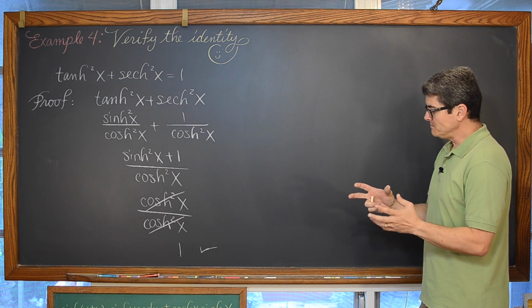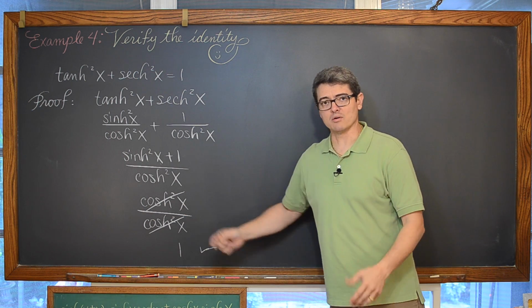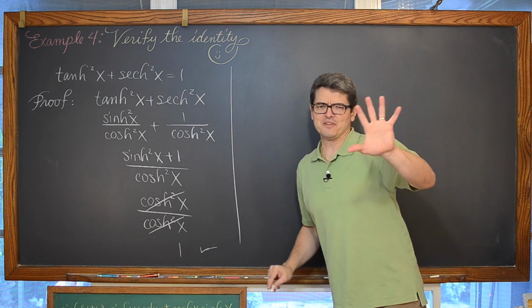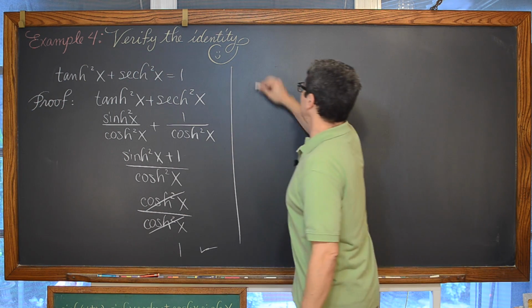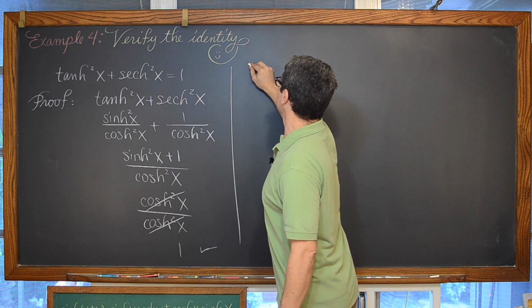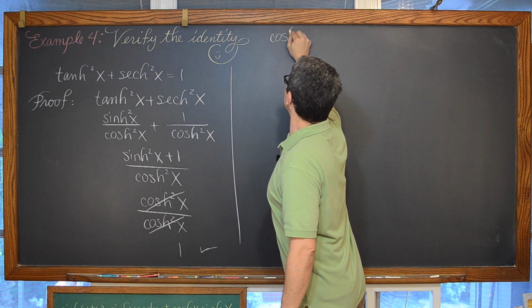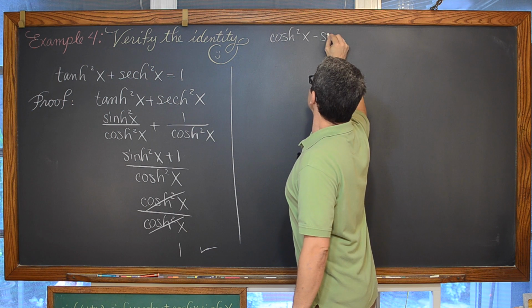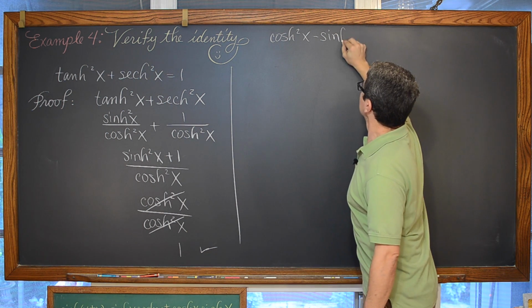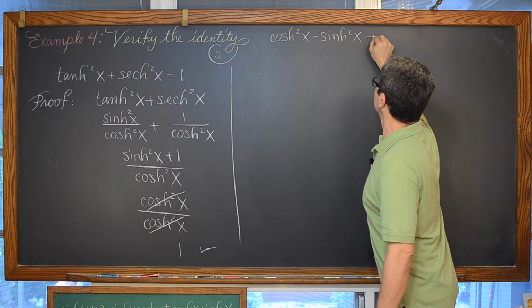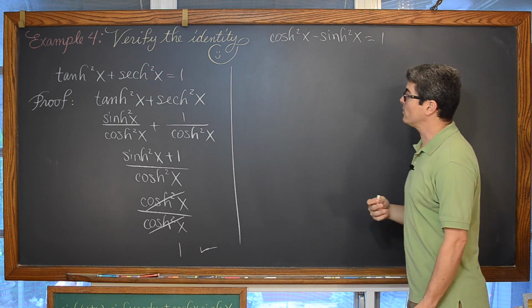And who's to say that that works? Who's to say, as our fifth example, that indeed the hyperbolic cosine of x squared minus the hyperbolic sine of x squared actually is equal to 1?